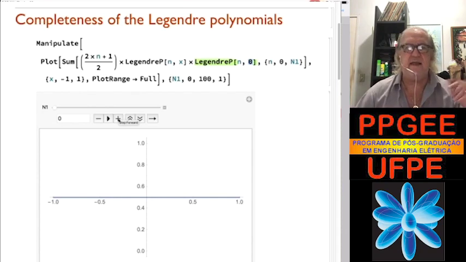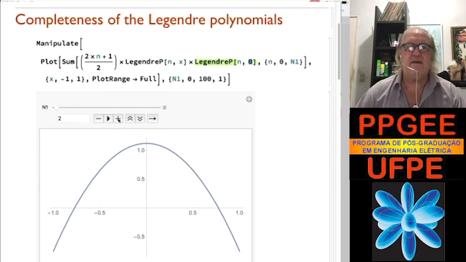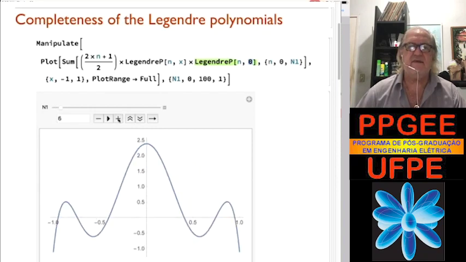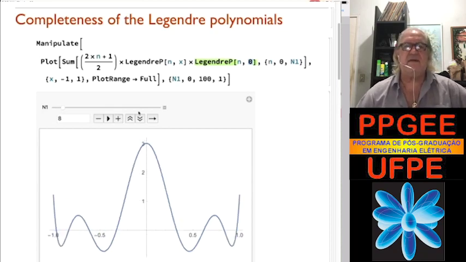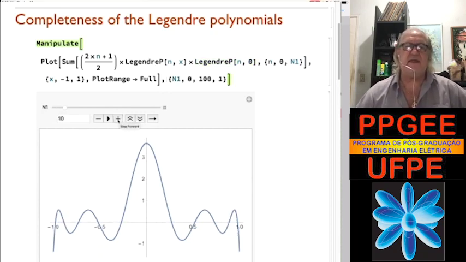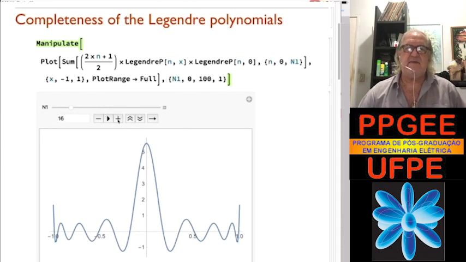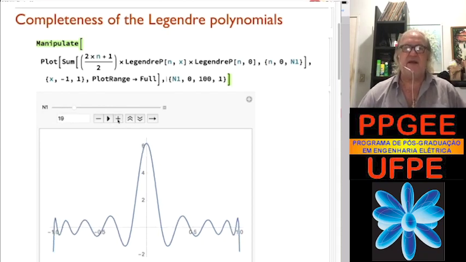I'm truncating at n equals 0, n equals 1, n equals 2, n equals 3, n equals 4, 5. I'm going to increase the number of terms to see how the completeness works. It means that as I increase the number of terms, that sum has to become a delta function, right?